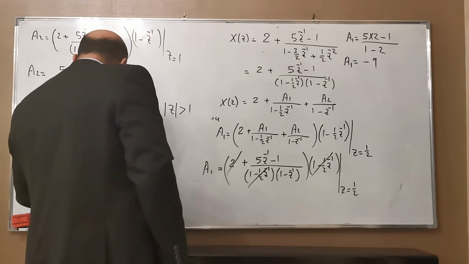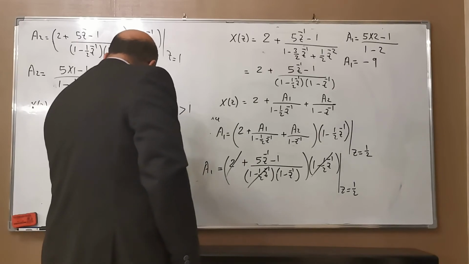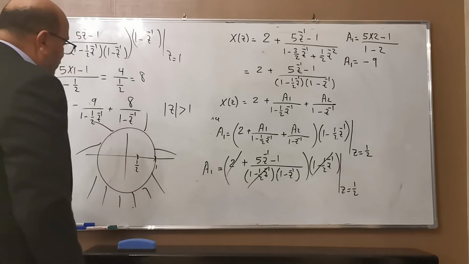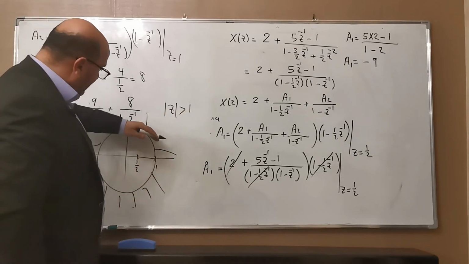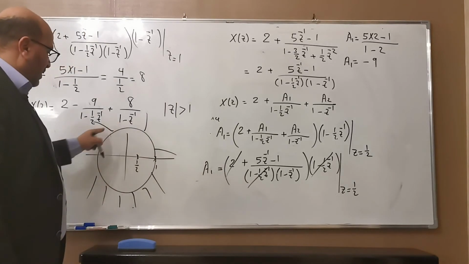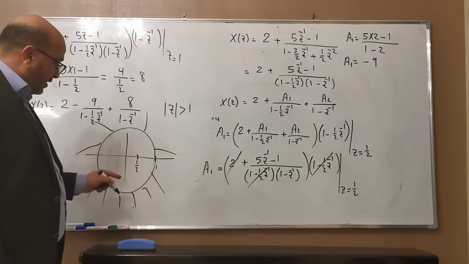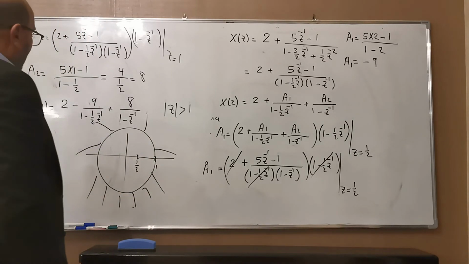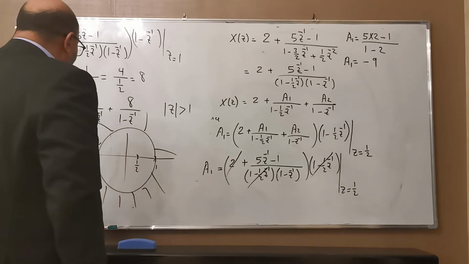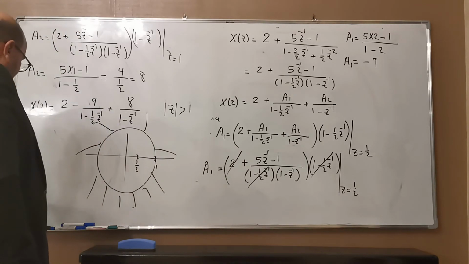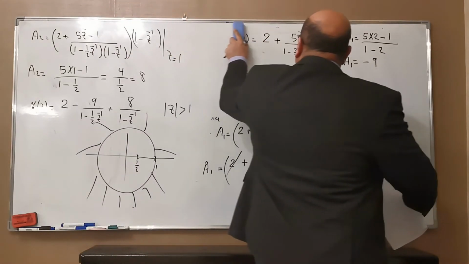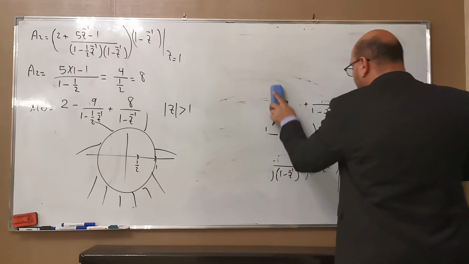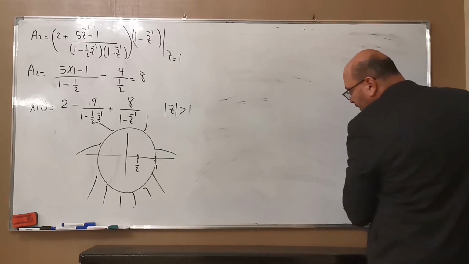And our region of convergence is with the outermost pole and going outside for z up to infinity. So the magnitude of z is greater than 1. This is the region going from a circle of radius 1 and going out to z equals infinity. This means that you have to have a right-sided sequence. And the right-sided sequence means that your x of n should be a right-sided sequence. So it's a combination of right-sided sequences.